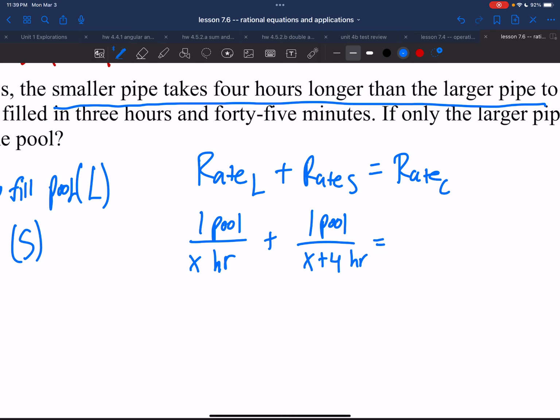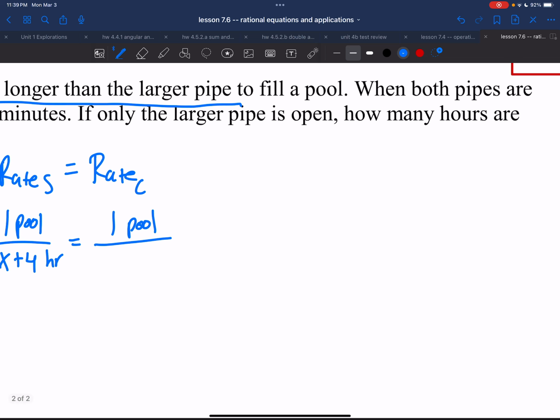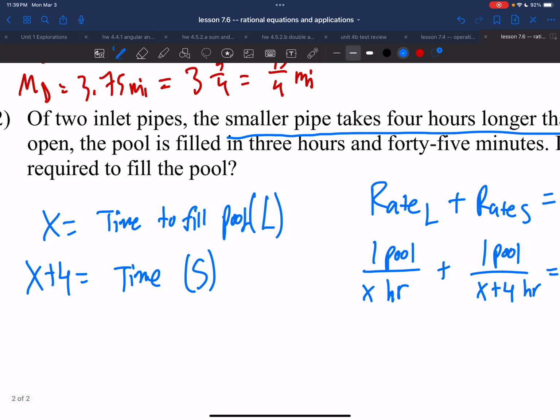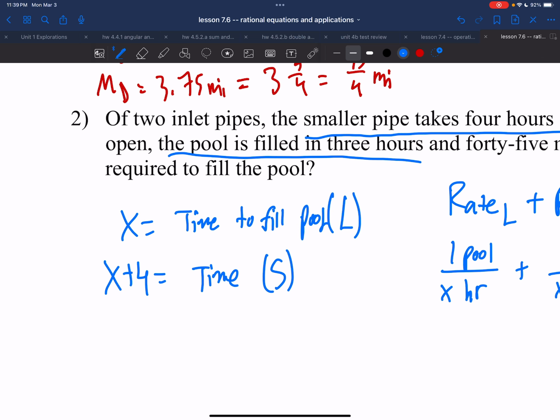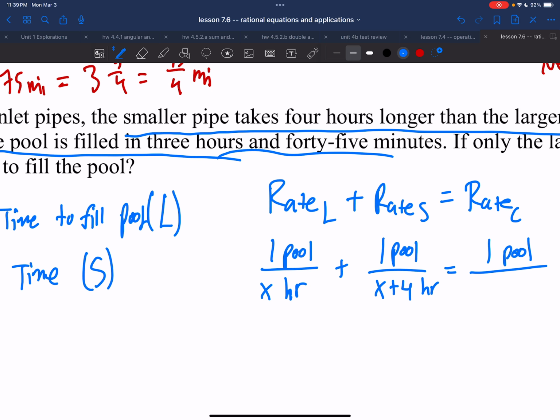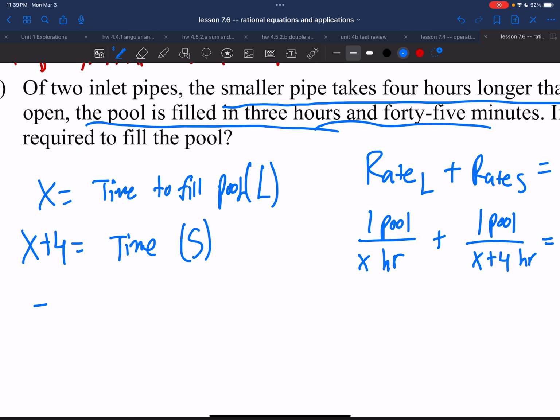And this equals the combined rate. Now the combined rate, you're still trying to fill 1 pool, but how long does it take them together? Well, if I read the problem, when both pipes are open, the pool is filled in 3 hours and 45 minutes. Let's convert that to a fraction.